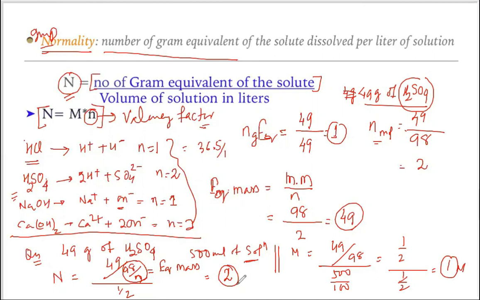So you can also relate that the normality here is 2 and the molarity here is 1. Can we relate this formula? Normality is 2, molarity is 1, and the n factor for sulfuric acid is 2. So I think this equation is clearly valid. Remember this equation, the relation between normality and molarity.